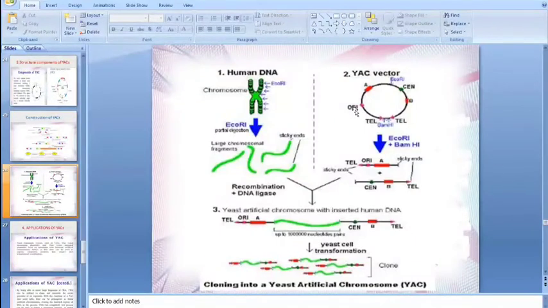And of course, selectable markers, bacterial selectable markers. And the third one is MCS, multiple cloning sites. These three parts are derived from the bacterial plasmid. So the YAC vector is nothing but the combination of both the yeast chromosome as well as the bacterial plasmid.